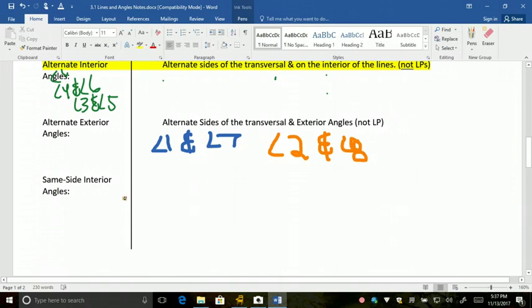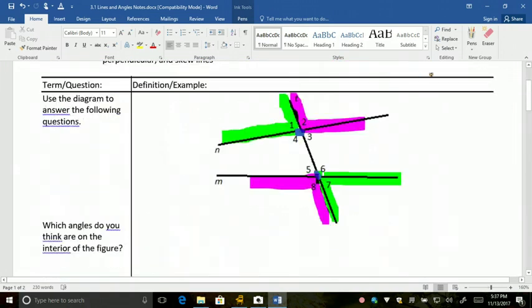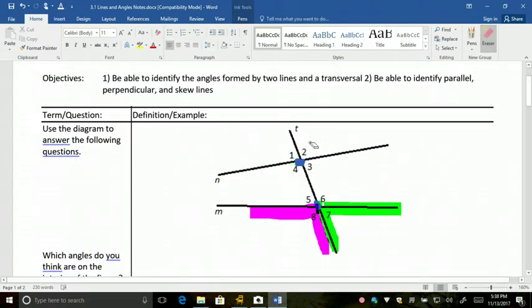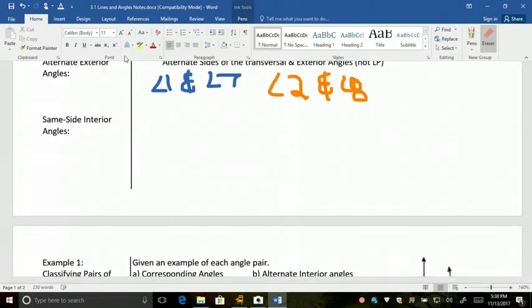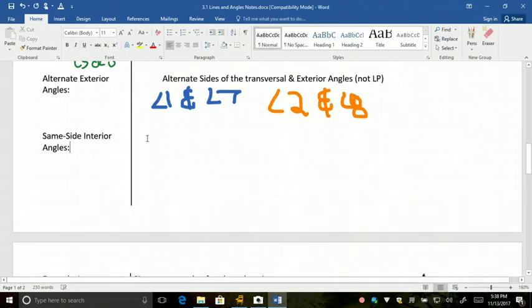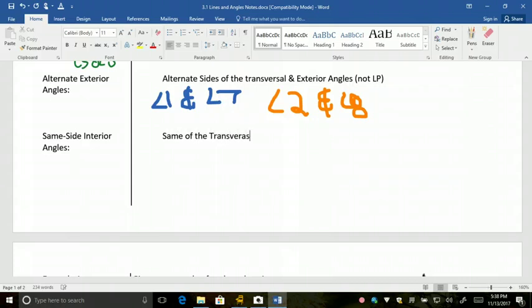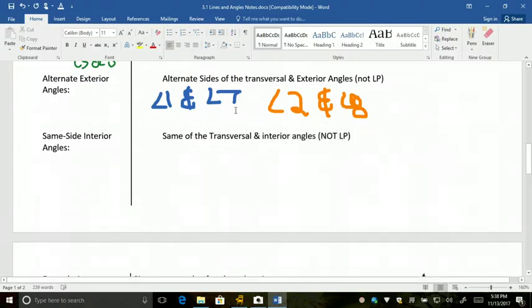Same side interior. I hope that you can see it, but they are going to be on the same side. So the formal definition for same side interior is that they are on the same side of the transversal and on the interior. And again, not linear pairs.